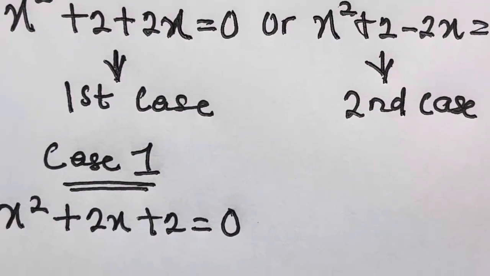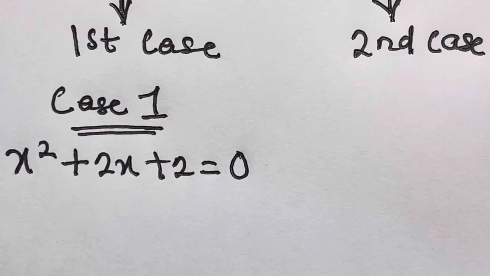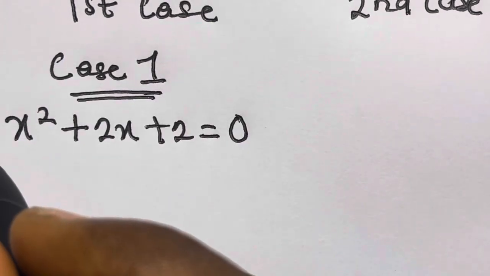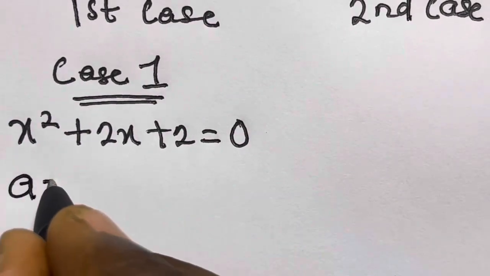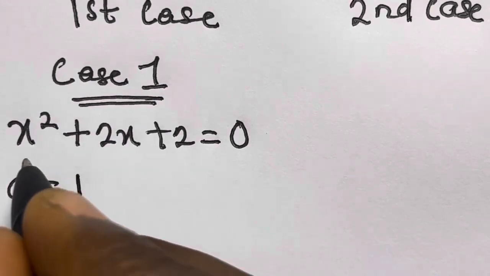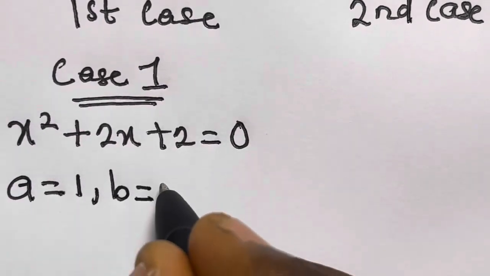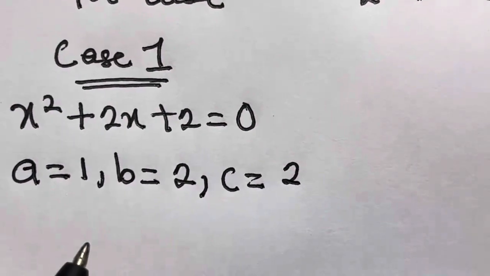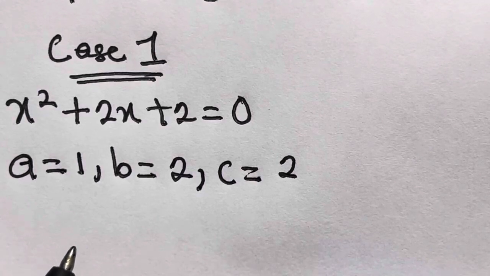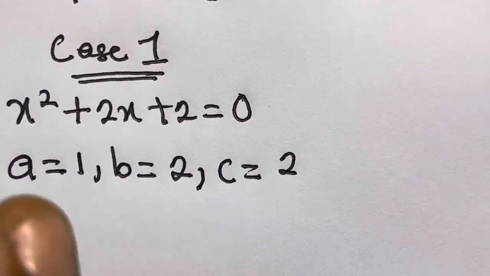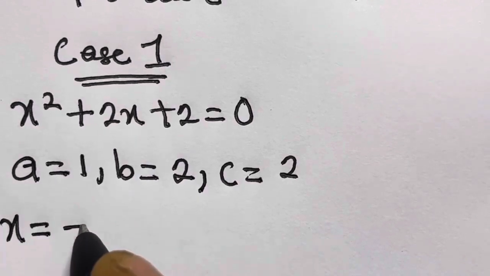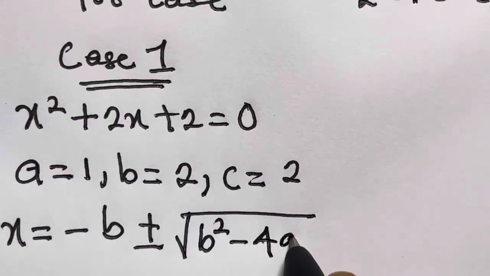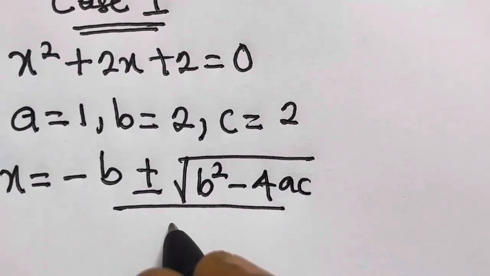So we see that this is a quadratic equation, right? And we can easily solve it using the quadratic formula. If we want to use the quadratic formula, we declare our a, the coefficient of x squared, to be 1, our b, the coefficient of x, to be 2, and our c, the constant, is 2. So the quadratic formula says x equals minus b plus or minus square root of b squared minus 4ac, divided by 2a.